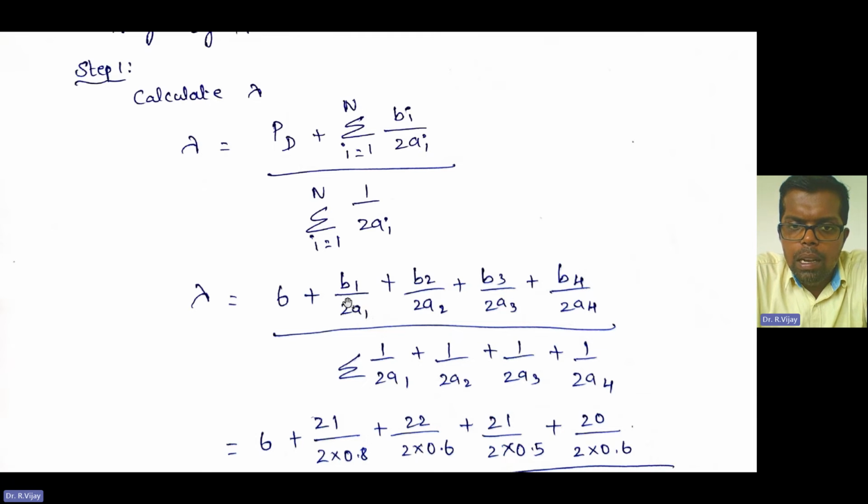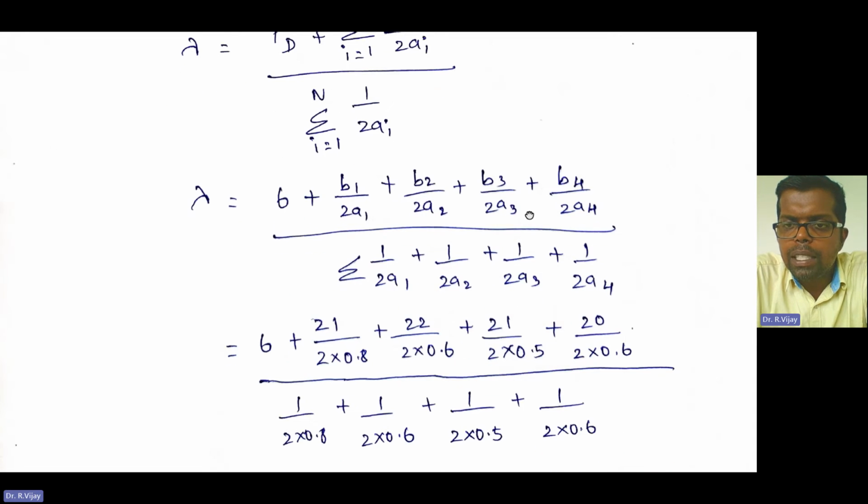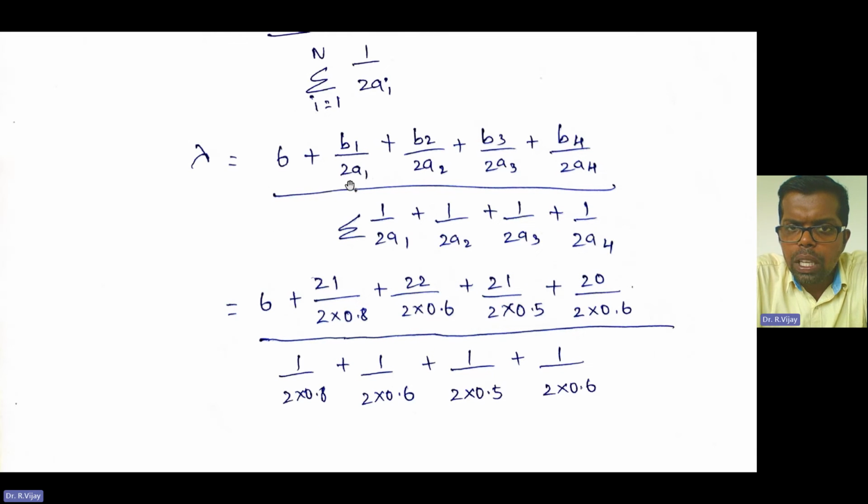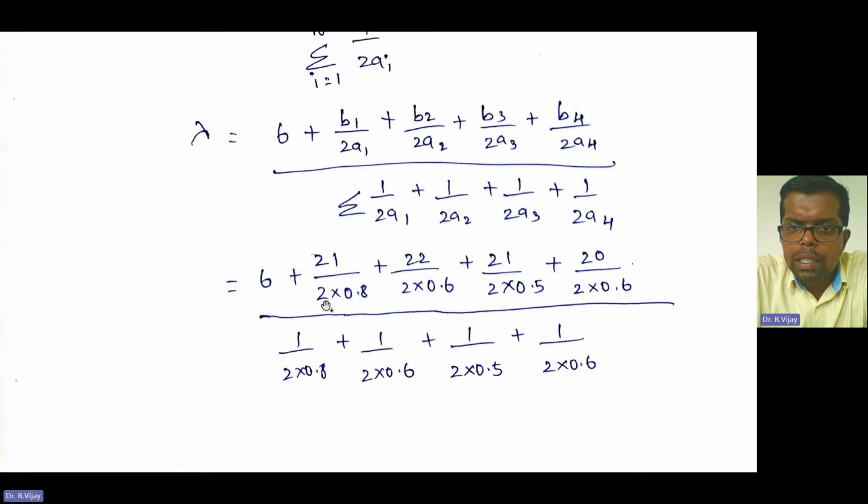So B1 divided by 2A1 plus B2 divided by 2A2 plus B3 divided by 2A3 plus B4 divided by 2A4, the whole divided by 1 divided by 2A1 plus 1 divided by 2A2 plus 1 divided by 2A3 plus 1 divided by 2A4. You need to substitute the values of B1, A1, B2, A2, B3, A3, B4, A4 and simplify using your scientific calculator.